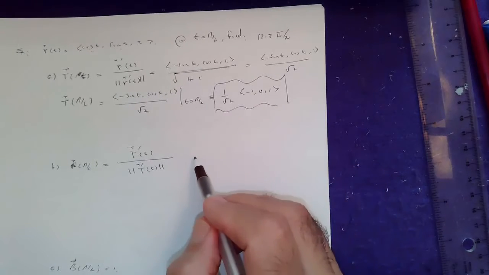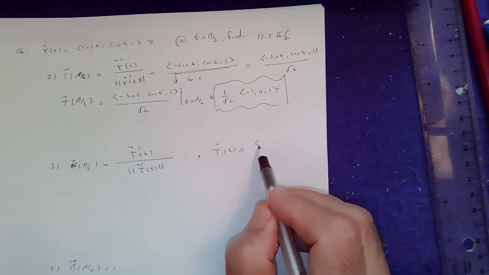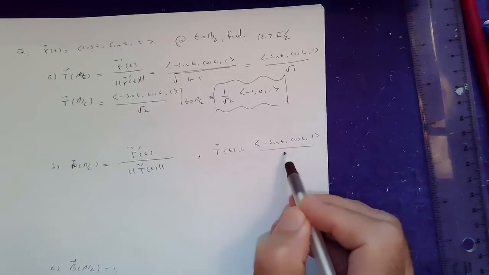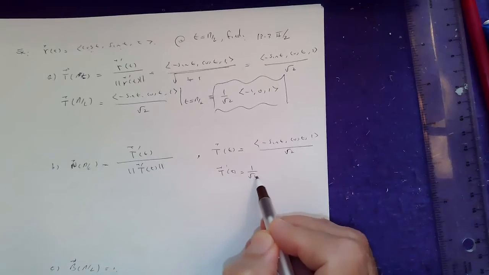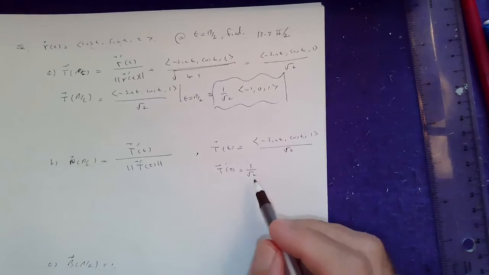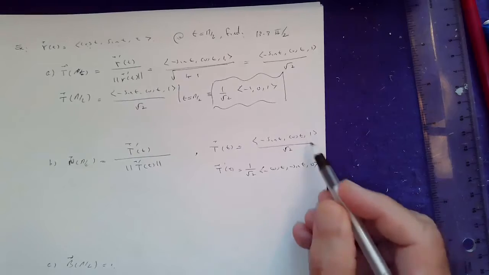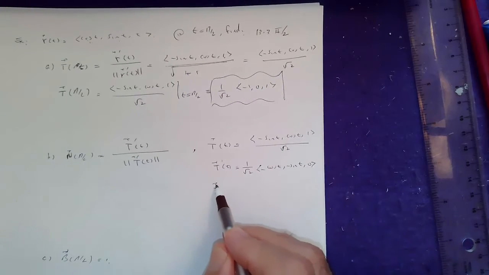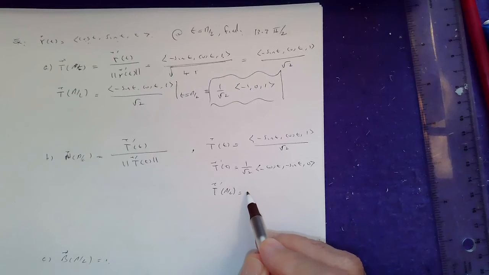If you remember, T(t) was equal to (-sin t, cos t, 1)/√2. So T'(t) is 1/√2 times (-cos t, -sin t, 0), since the derivative of 1 is 0. Notice the square root of 2 goes to the right. However, if you evaluate this at pi over 2, you will end up with what?